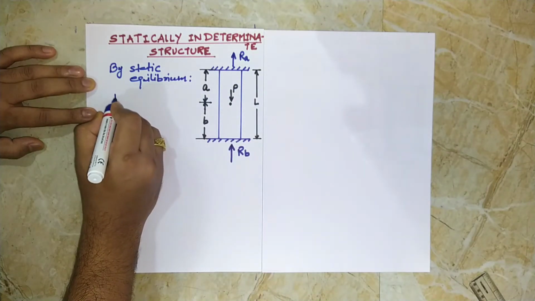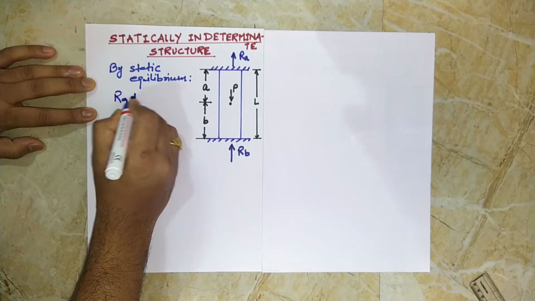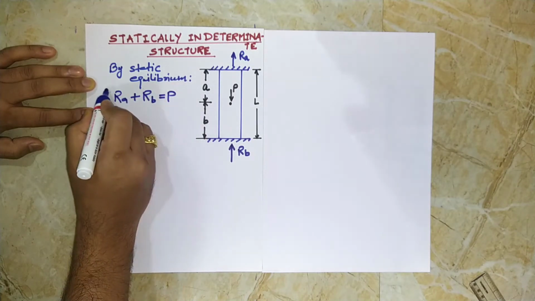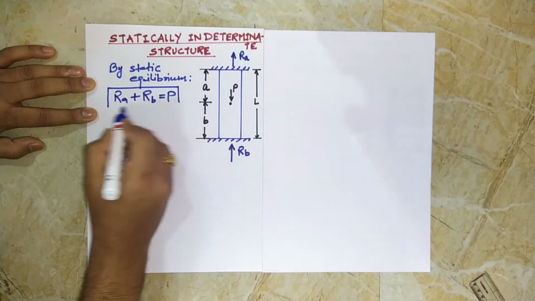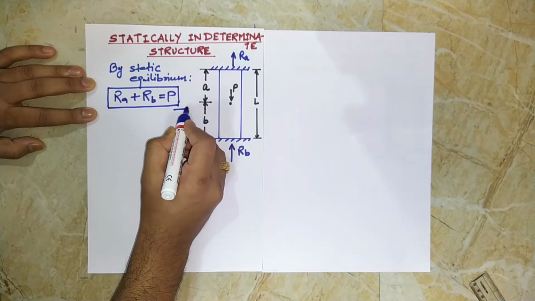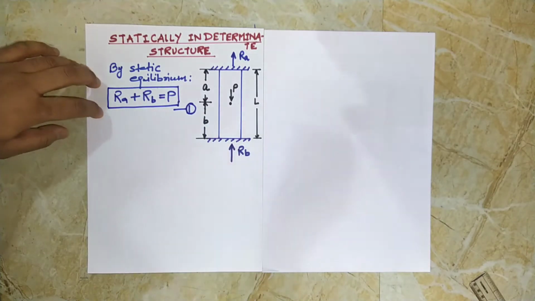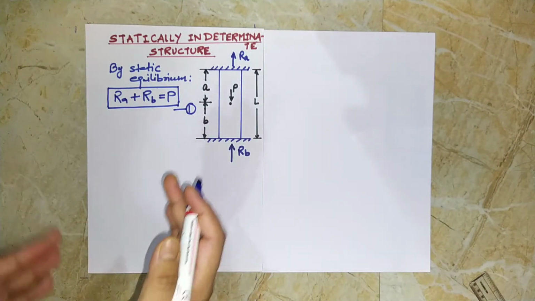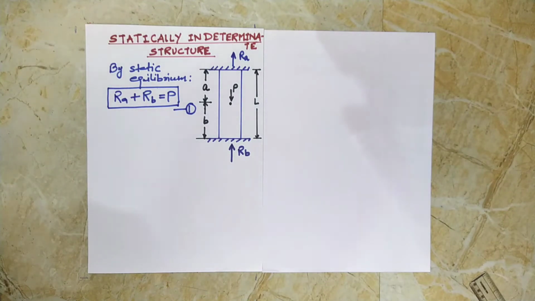So RA plus RB will be equal to P. From this equation of static equilibrium, we got that the sum of both reactions is equal to the load given on the bar.